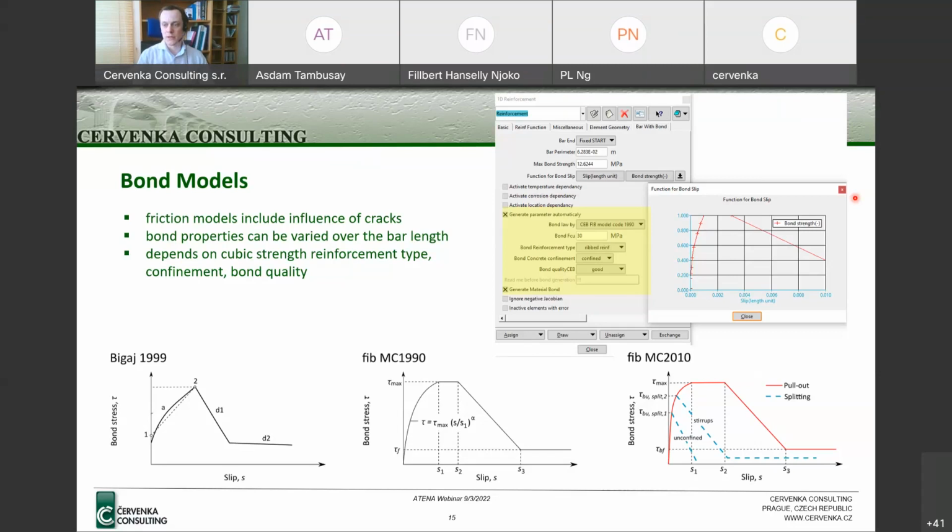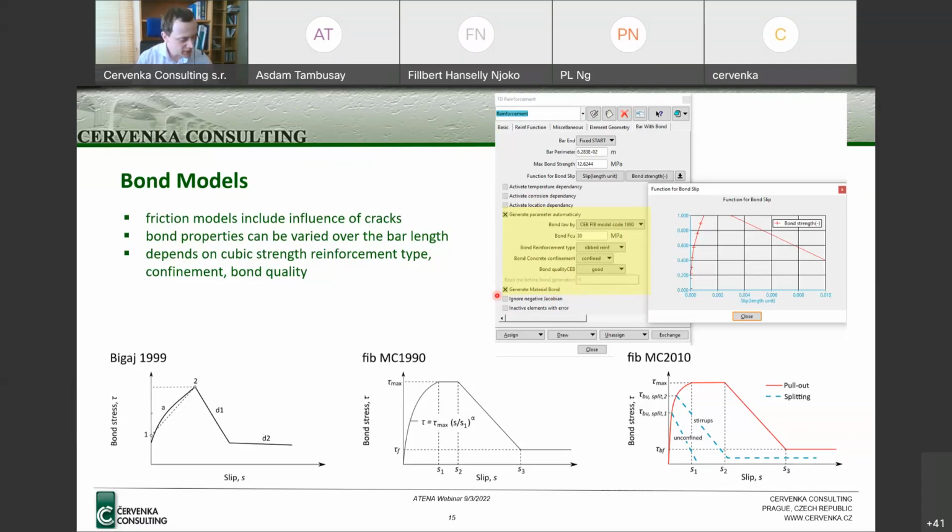Around the hook, the stress will also be transferred to the concrete through compression, not just along the reinforcement. So in this way, the hook behavior can be modeled.